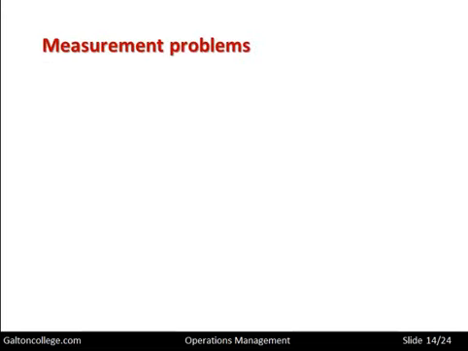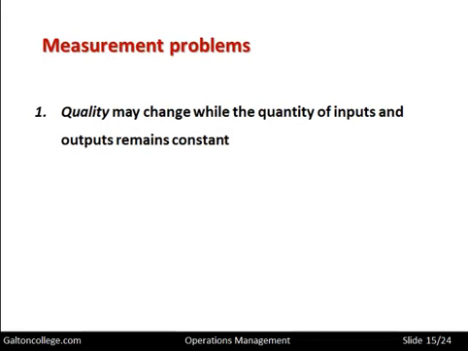There are measurement problems. Quality may change while the quantity of inputs and outputs remain the same. So the company may be producing more output, but the quality of the output may have diminished. So measuring quality is a very complicated issue. Sometimes quality may be psychological. It may be what I feel about the product.